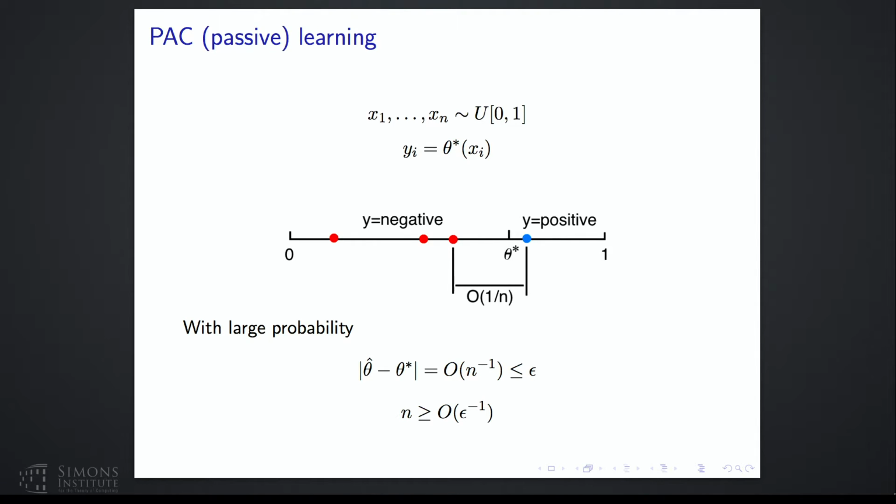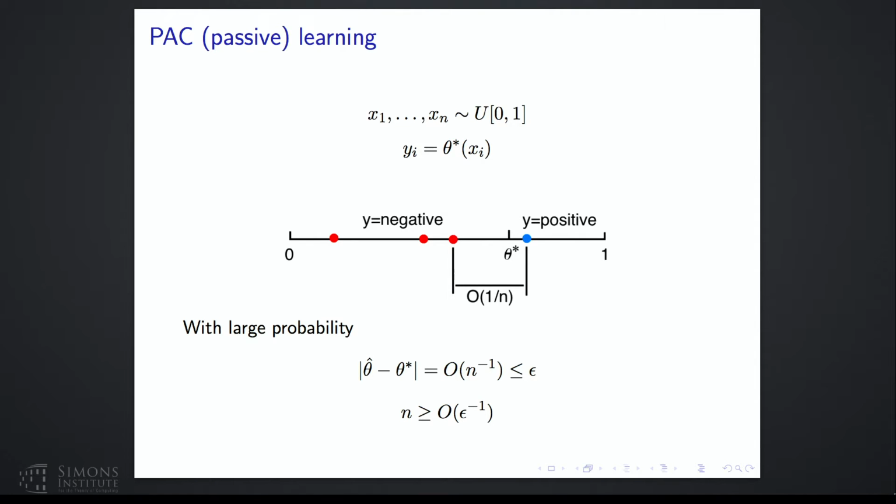So the standard question people ask in PAC learning is, if your learner estimates some theta hat somewhere in the middle, how far do you expect that theta hat to be from the true theta? Intuitively, this quantity has size 1 over n, and it's easy to understand because if you think of the n training items, not as random, but just on a regular grid, then each small chunk is of size 1 over n.